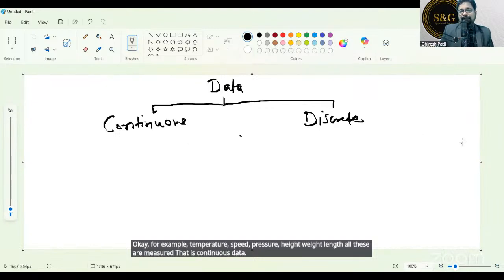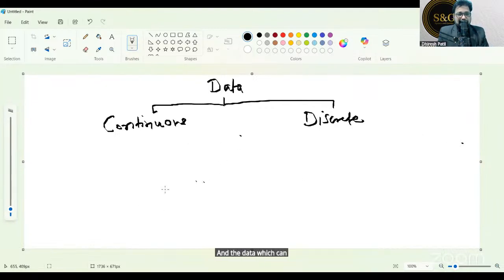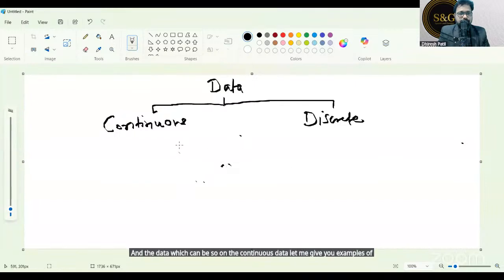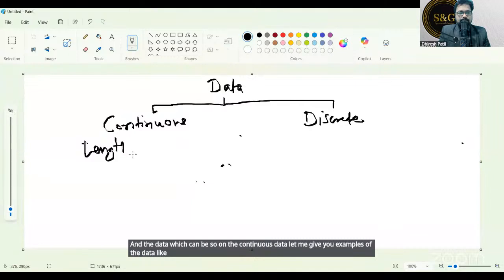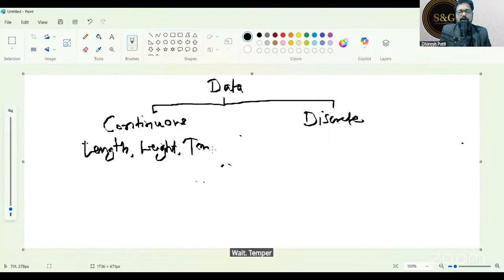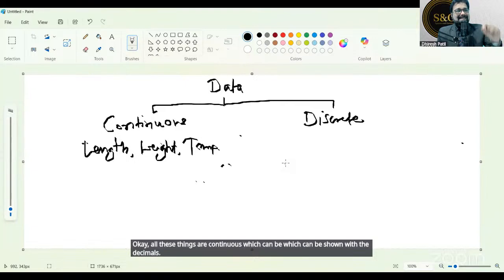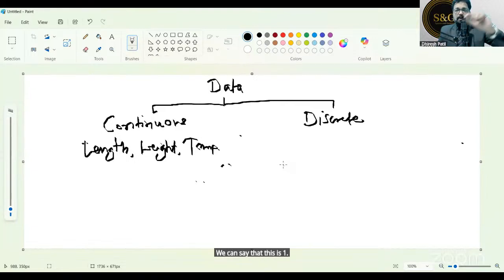Let me give you examples of data like length, weight, temperature, pressure. All these things are continuous data which can be shown with decimals. We can say that this is 1.2 meters, 1.3 meters, 1.4, 1.5, 1.6. So it is like on the decimals, continuous scale we can mention.